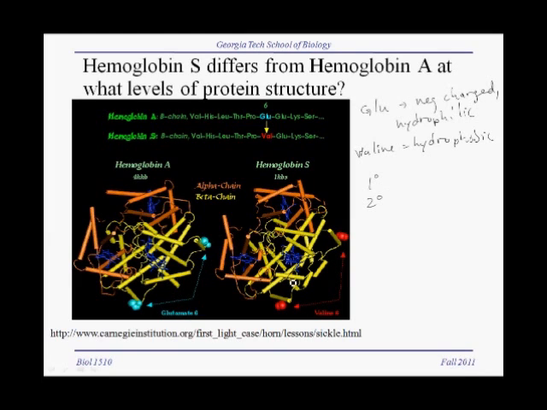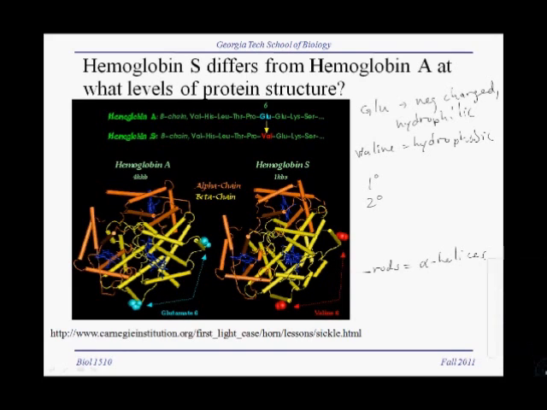And again, if we look closely at the yellow or the beta globin, these rods equal alpha helices. So it looks to me like there's a change in the alpha helices, therefore there's a change in the secondary structure.